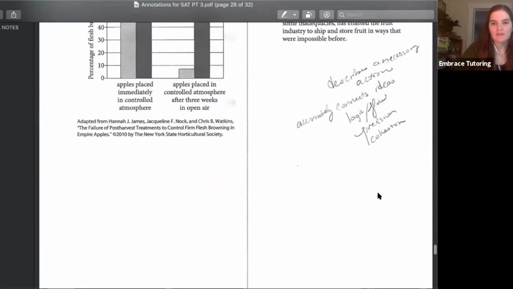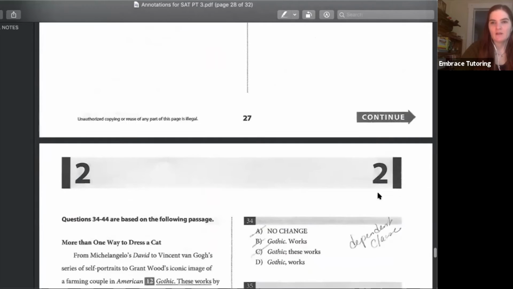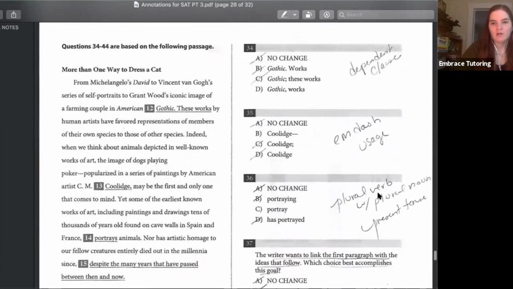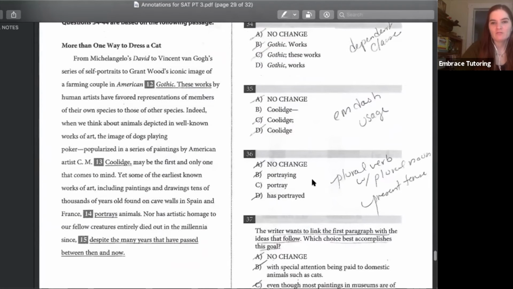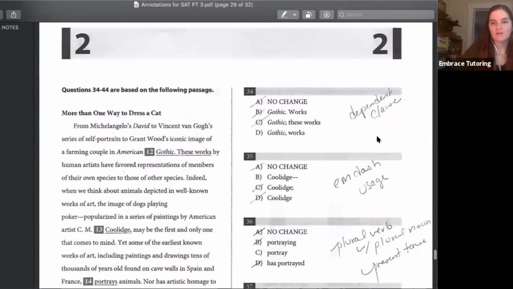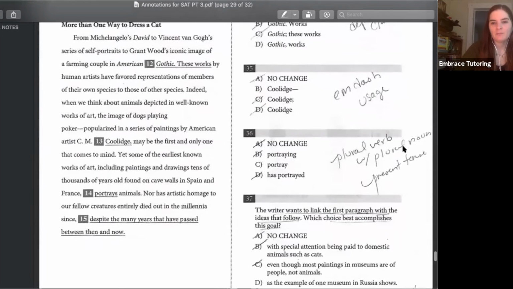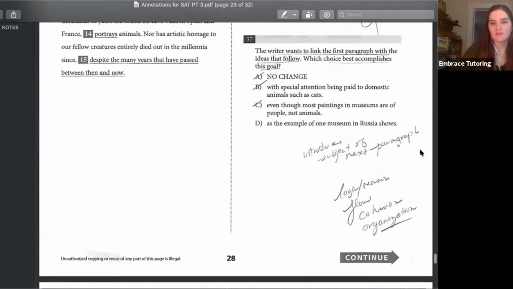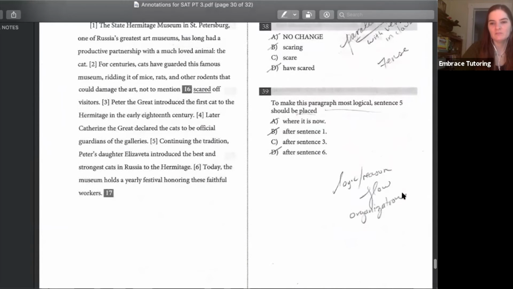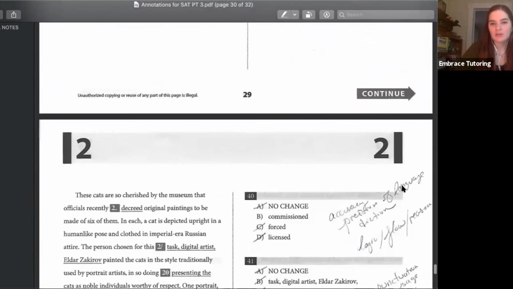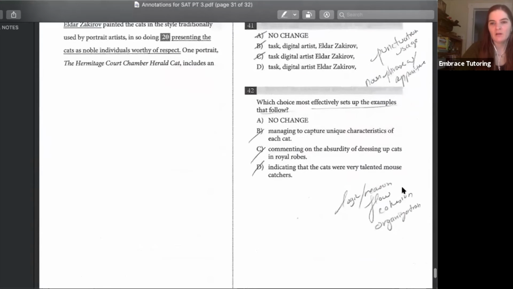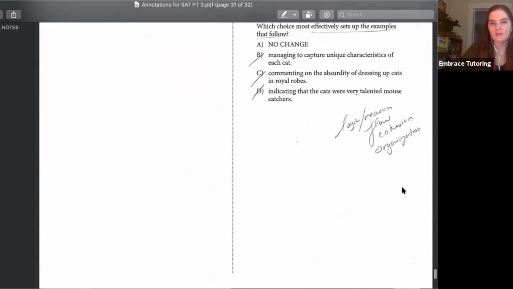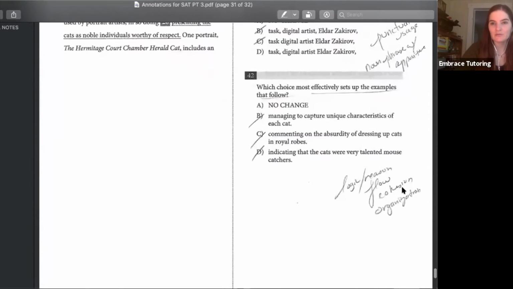If you don't have any specific questions, then what we're going to do right now, usage, dependent clause, plural verb with plural noun, present tense, introduce the subject next paragraph, organization, parallelism. Nothing too surprising in here. A lot of this is ideas centered, which shouldn't be surprising.